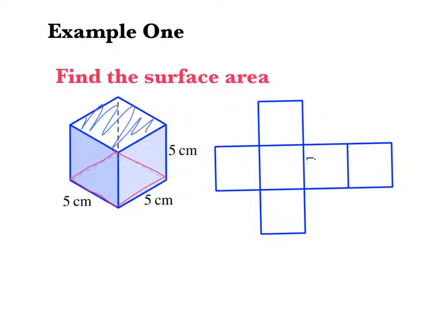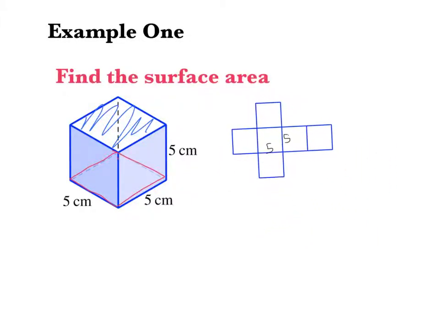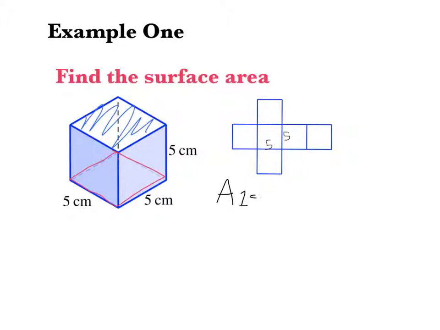Now this net will label these as 5 centimeters by 5 centimeters each of my sides. And if I work out the area of my base, let's try that. The area of one square is 5 by 5, so the area of one of those is 25 centimeters squared.